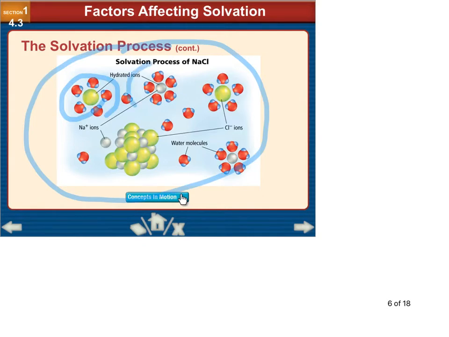And then we also have the opposite thing going on here, with the negative end of the water molecule attracting to the positive sodium ion. As mentioned in that last point, these attractions are greater than these attractions, so it dissolves. If those attractions were less, it wouldn't dissolve.